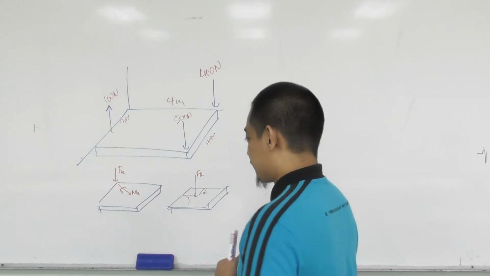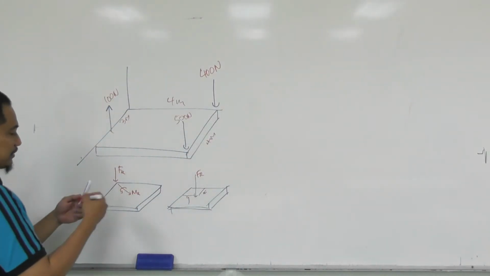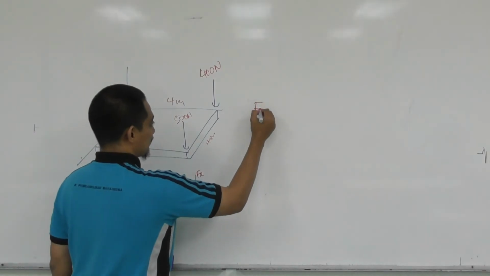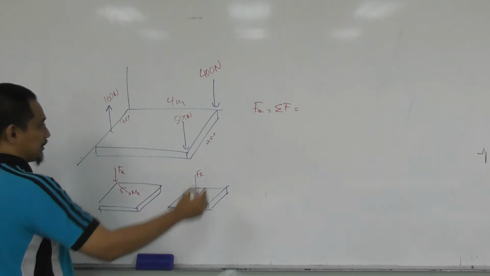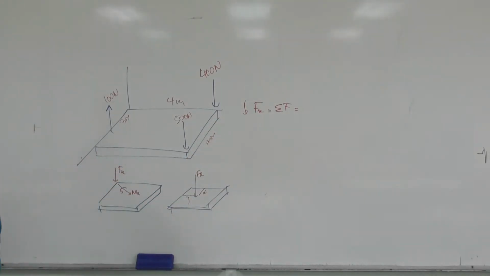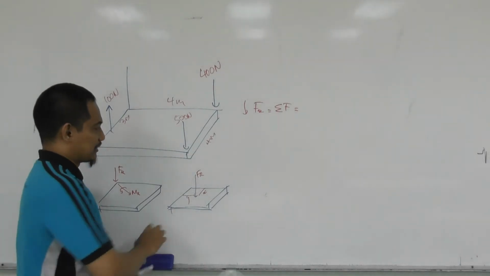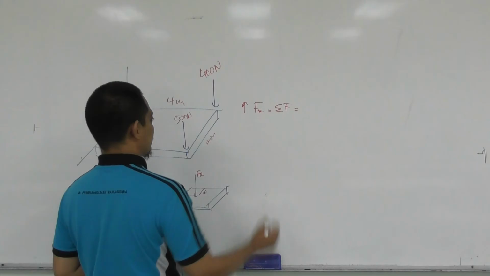Right, so first step first, how to get FR. In this case, it's quite obvious, quite easy, because FR is just summation of all forces going down. If we take down as positive, should we take down as positive? Okay, let's take up as positive, right? So that we use normal convention.